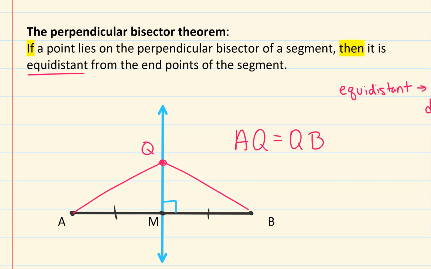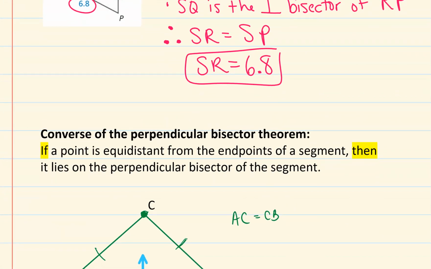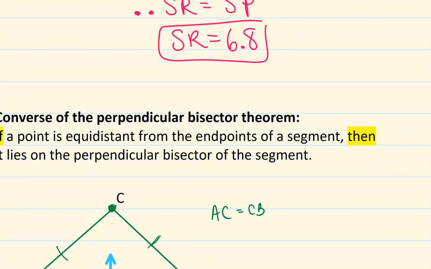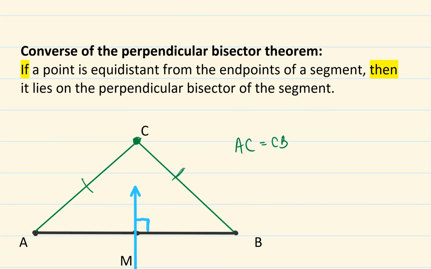So if Q is on the perpendicular bisector, then AQ is equal to QB. I'm going to scroll up and have you write the converse down. Here's the converse and its image. So take a minute to write this down and draw the picture.